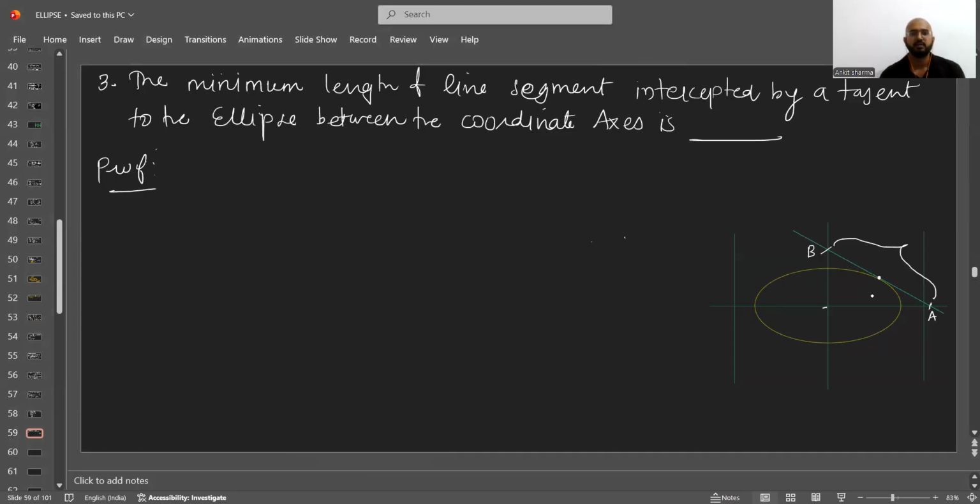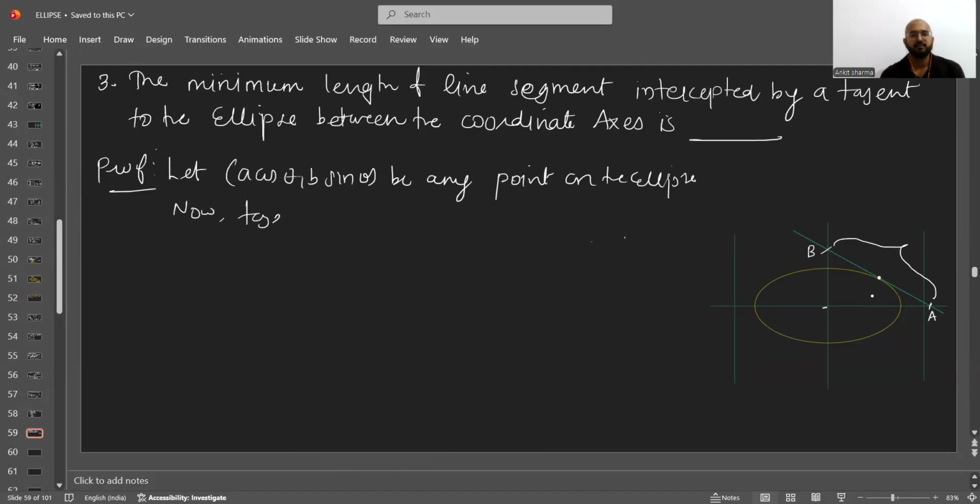So let's go ahead. Now I'll take the point. Let a cos theta, comma b sin theta be any point on the ellipse. Now, tangent at P, we have derived earlier.